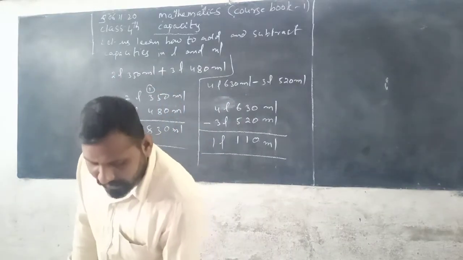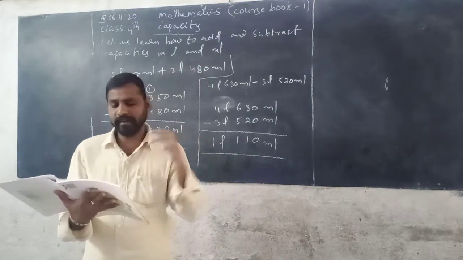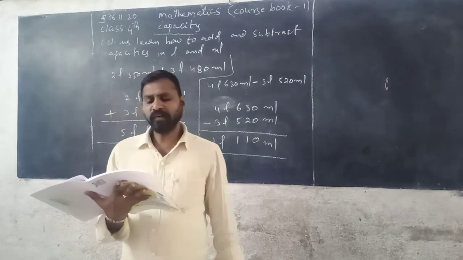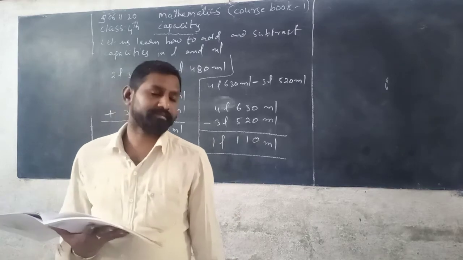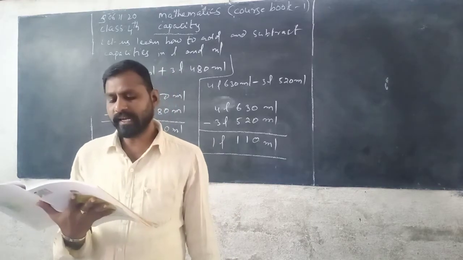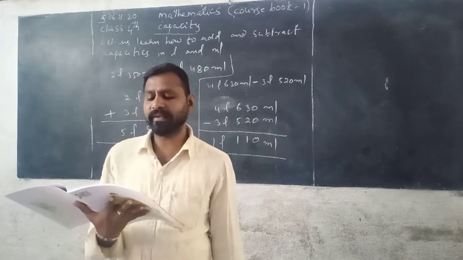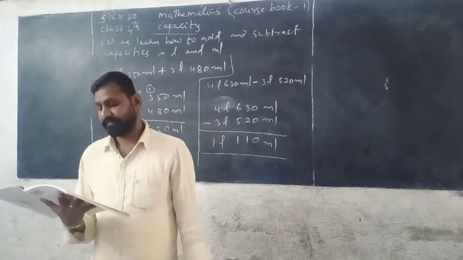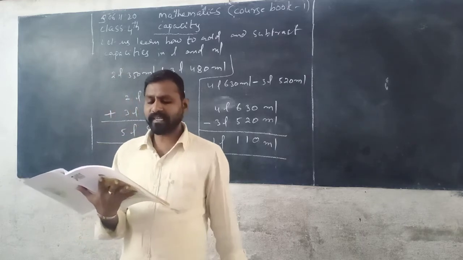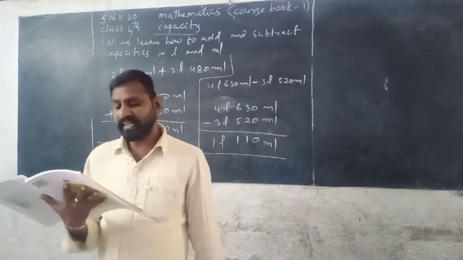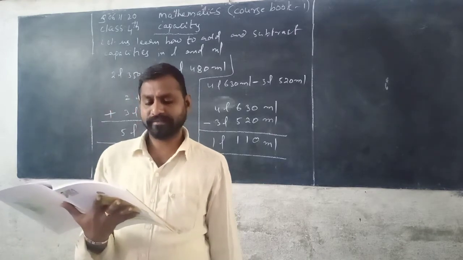Rajesh has a milk can which can hold 20 liter 550 milliliters of milk. The capacity of the can is 20 liter 550 milliliters of milk. Satish has a milk can which can hold 15 liters and 960 milliliters of milk.